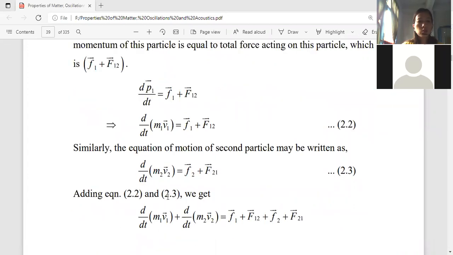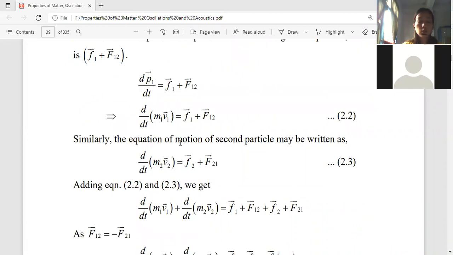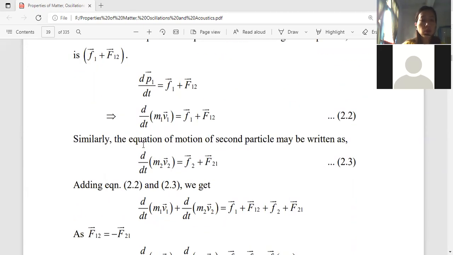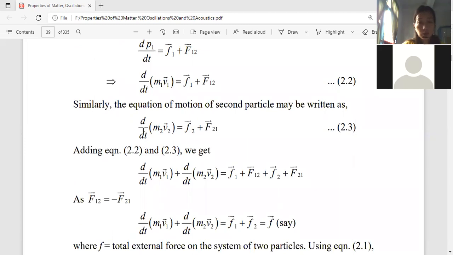Similarly, for mass m2, the momentum will be m2 v2. So p2 is equal to m2 v2. I hope you will understand this.